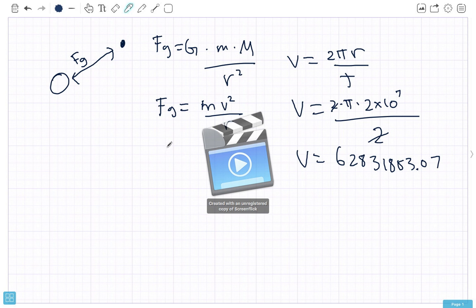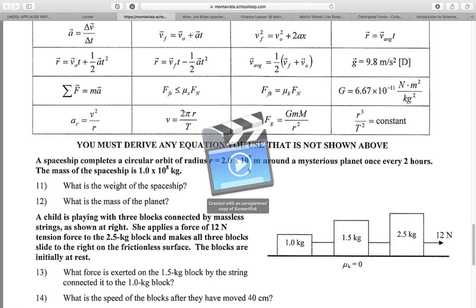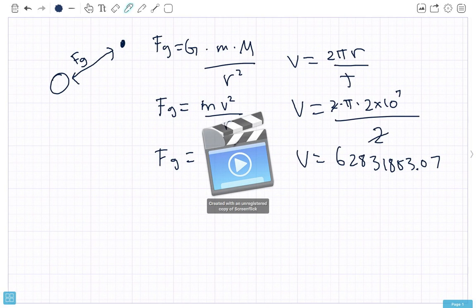So using this equation, we've got Fg equals the mass, which is 1 times 10 power 8, times basically 197392088. So force gravity is going to be equal to 10 power 8 times that. So it's basically 1.97 times 10 power 16.